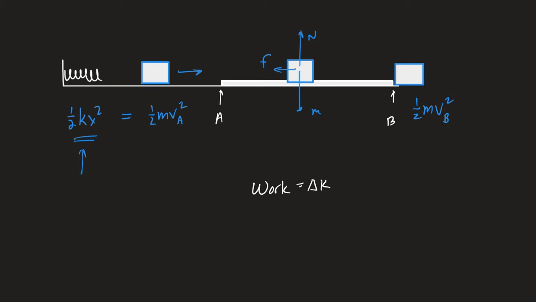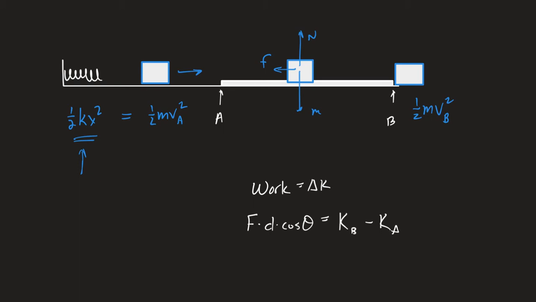Now, I'm assuming that the box acquired kinetic energy from the spring. And I'm still going to make that assumption. Now, during this, I would find that the work done is going to be force times distance times the cosine of the angle. And this is going to be K at point B minus K at point A. Right? Kinetic energy at B minus kinetic energy at A. That's what the delta means.